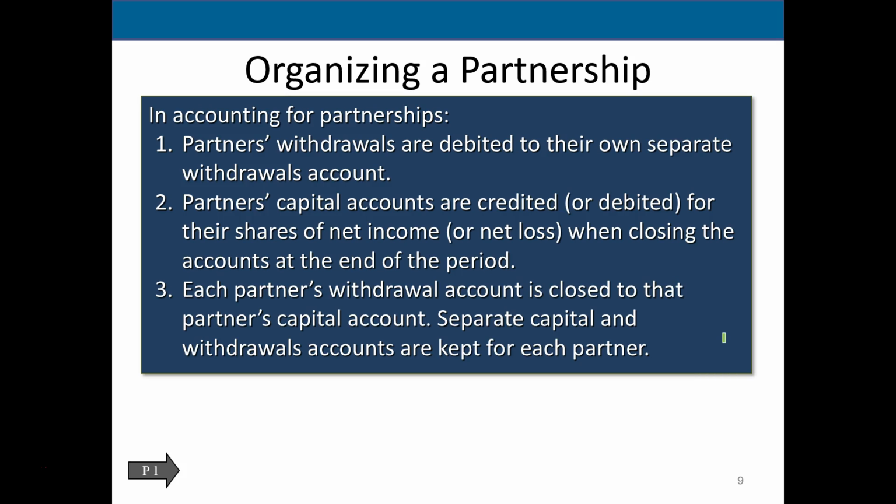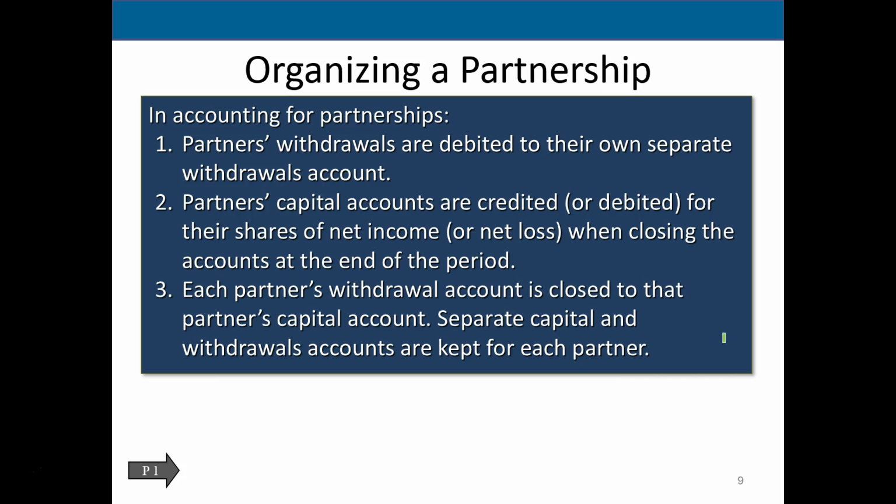So we're gonna have two draw accounts, and those two draw accounts will then roll into those partners' individual capital accounts. And so in essence, net income is going to increase the capital account. Any more investment by the owners, the partners, will increase the capital accounts, and draws will generally decrease the capital accounts. We just need to make sure that we apply it to the correct partner in this case.